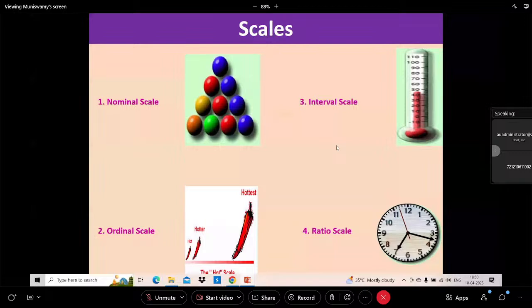So as an analyst, we have to decide: from variable type to variable type, statistical applications are different. For example, in the case of nominal scale, you go for mode.